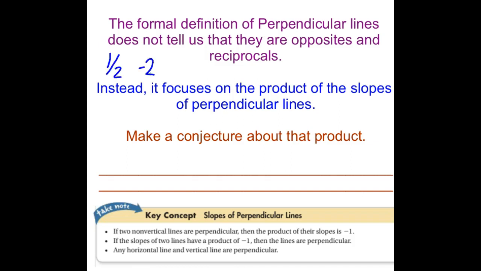That's a pair of perpendicular slopes. Another example might be 2/3 and -3/2. So think about these two sets of numbers and what their product might be, and then write a conjecture about it. And I'm going to pause the video and ask you.